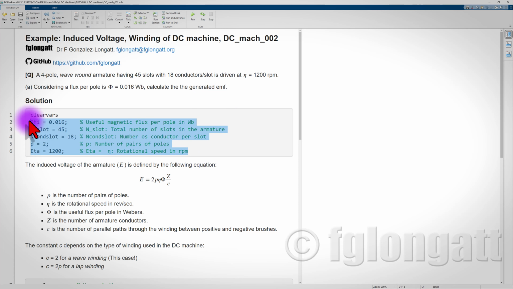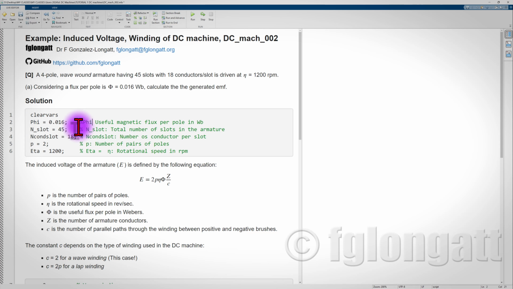In the first part of this MATLAB live script document, I am cleaning all the variables in the memory, and then I start to define the different parameters of this problem. We start with phi, which is the magnetic flux per pole. In this case, the unit is Weber.